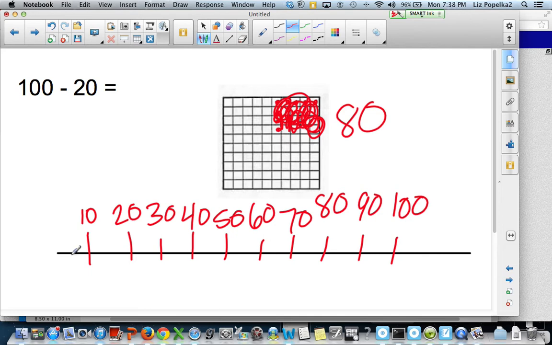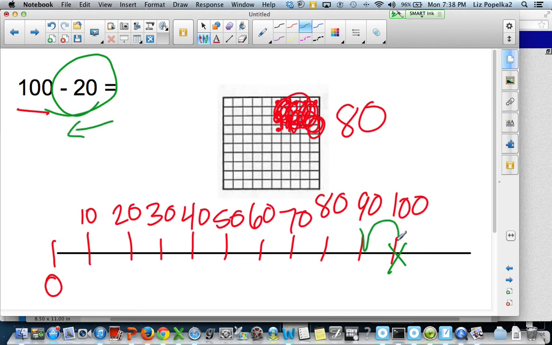Zero of course is right over here. So if I've got a positive 100, I would start right here on my number line. And because it's minus 20, I would go back to the left in the negative direction. So 10, 20. That means, again, I would end up at the positive 80. So either way, 100 minus 20 is a positive 80.